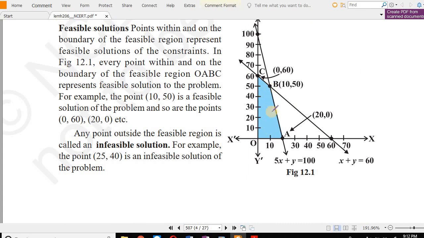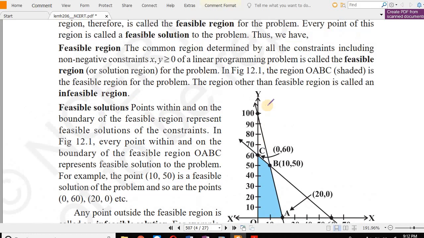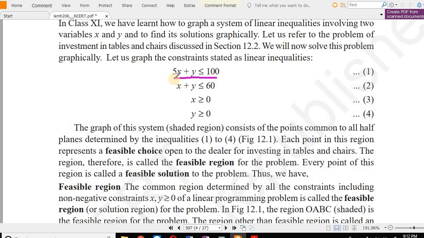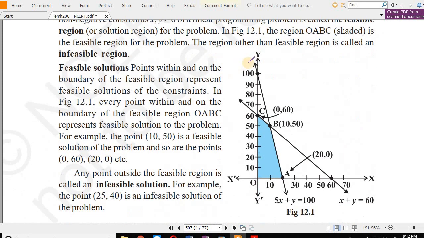Now what's this blue here doing? Well, remember, now we get to the inequality part. This one says 5x plus y is less than or equal to 100. Now we know that this is going to be one side or another of the line that we drew.